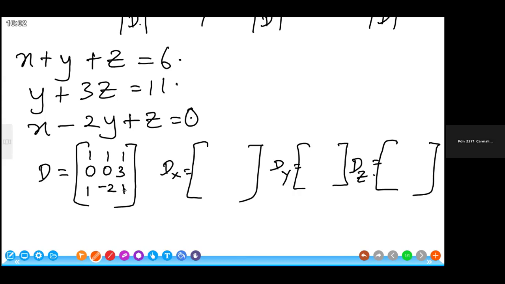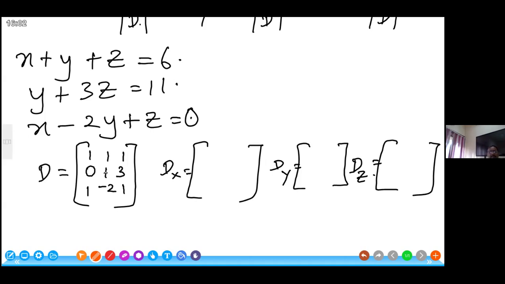Check whether it is correct. 1, 1, 1; 0, 1, 3. Second row. Correct now? Right.